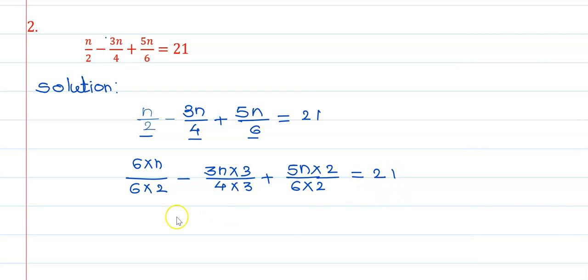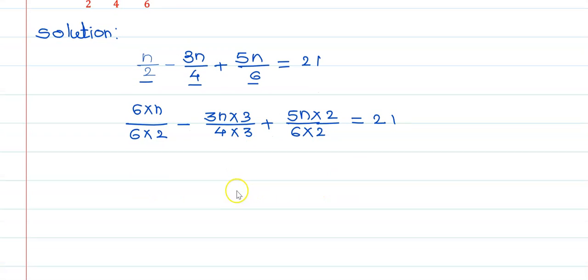That is, multiplying the first fraction by 6, the second by 3, and the third by 2, so that we get the same base.